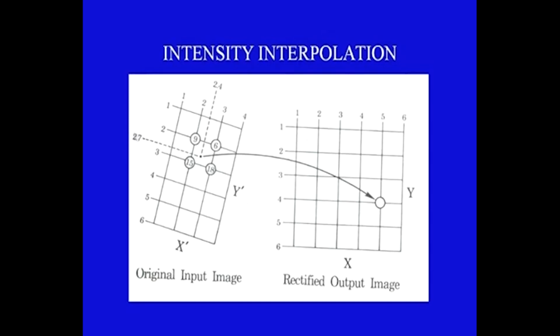In this particular example, we can see that the center of the rectified output image is not coincident with any of the points which specify the center of a pixel. It lies somewhere in between. Now, it has to be identified which pixel it is closest to.